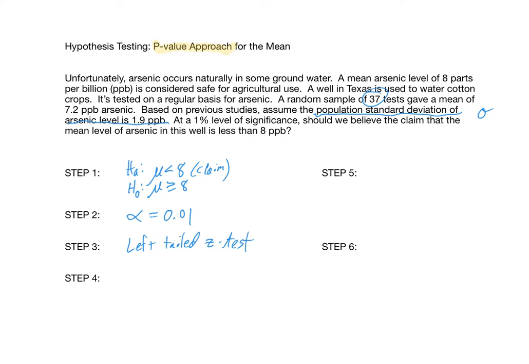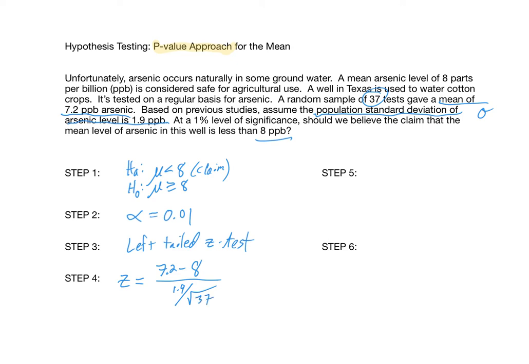Now step 4 changes. We are going to compute the test statistic right now. So we're computing the z standardized test statistic. Again, that is x bar minus mu. X bar, we had a mean from the sample of 7.2, so x bar is 7.2, minus the hypothesized mean, which is 8, over the standard deviation of the population, 1.9, divided by the square root of the sample size, and the sample size is 37.